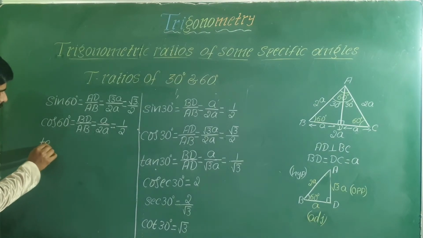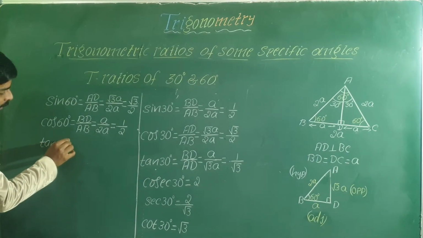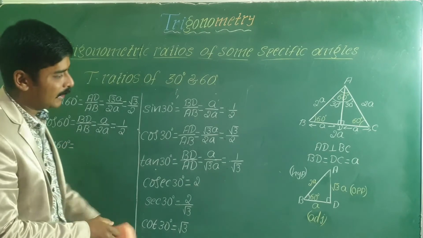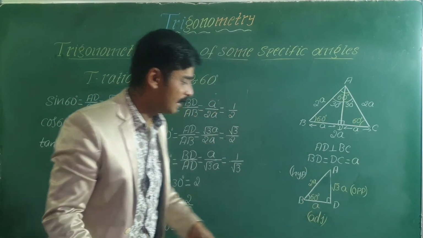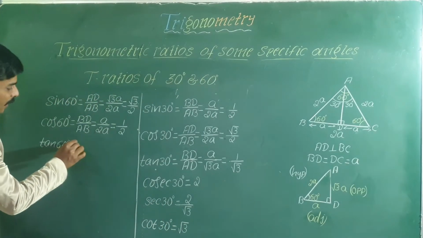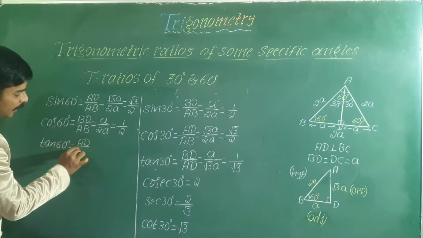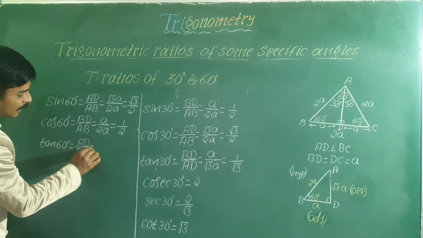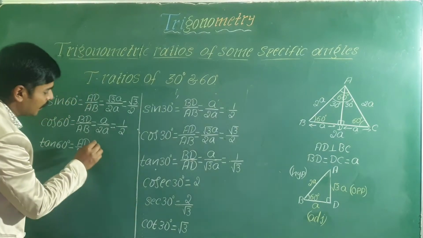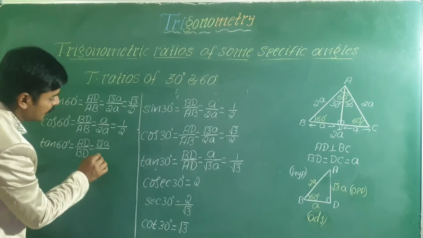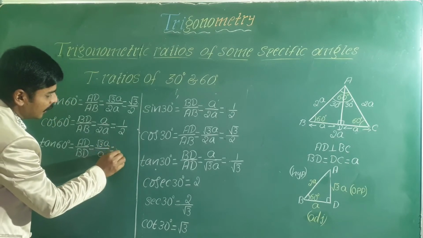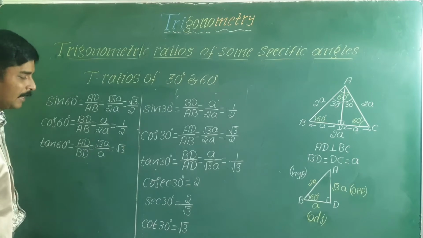Tan 60 degree is opposite by adjacent side. AD is the opposite side. BD is the adjacent side. So AD by BD. AD is root 3A and BD is A. So A will get cancelled and we get root 3.